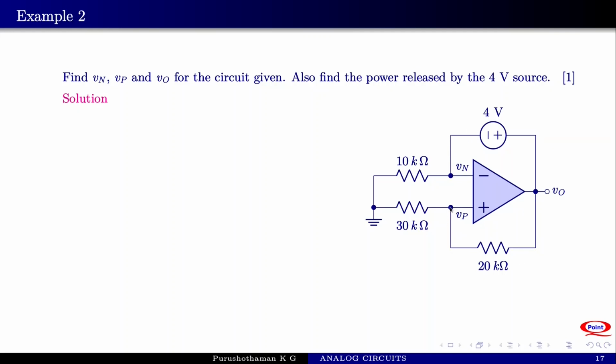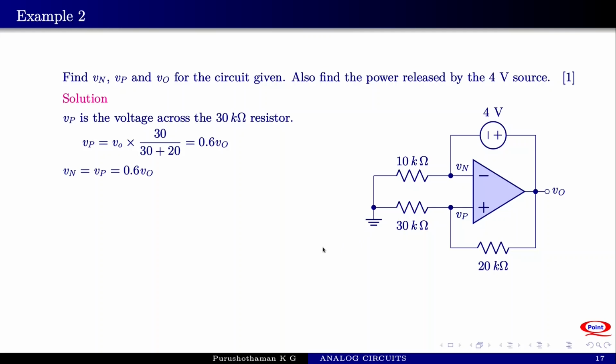So you can calculate Vp by applying the potential divider rule consisting of VO, 20 kilo ohm and 30 kilo ohm resistance. So the voltage Vp is equal to the voltage across the 30 kilo ohm resistance, which is given by VO into 30 by 30 plus 20. All resistors are in kilo ohms. So we get 0.6 VO as Vp. Since there is a negative feedback, Vn is at virtual ground, so Vn also must be equal to 0.6 VO.